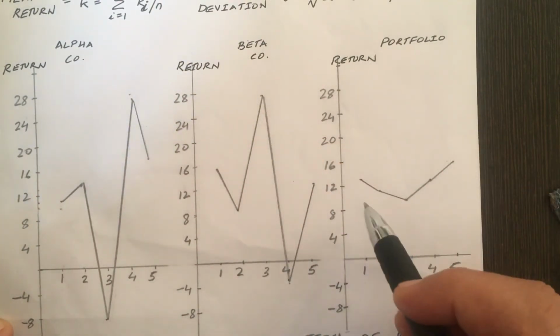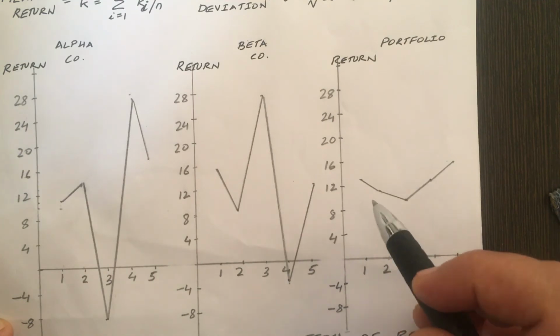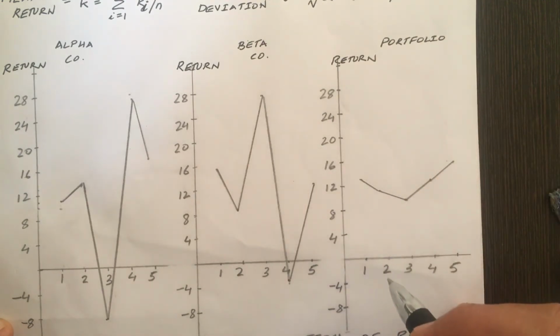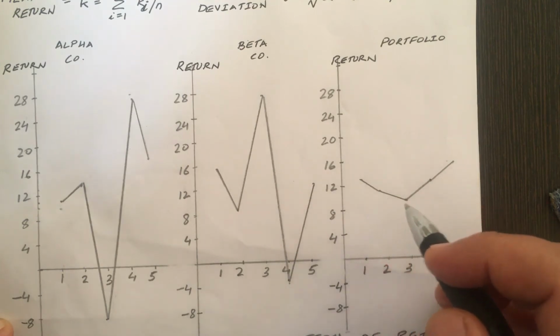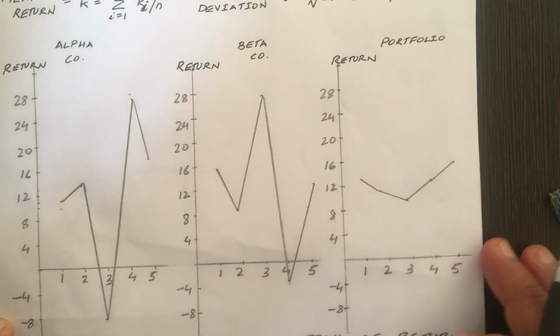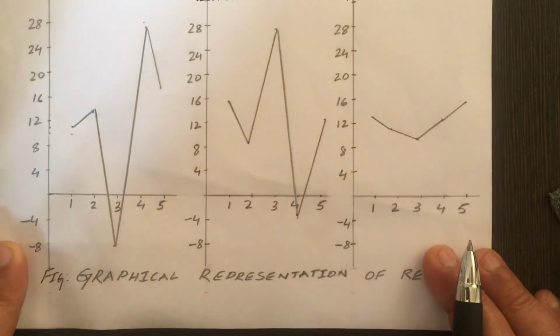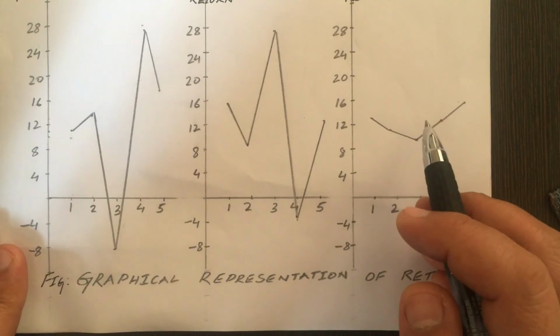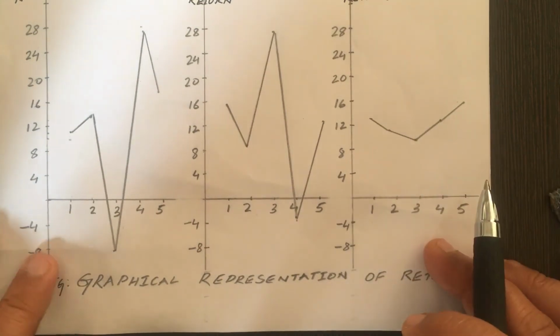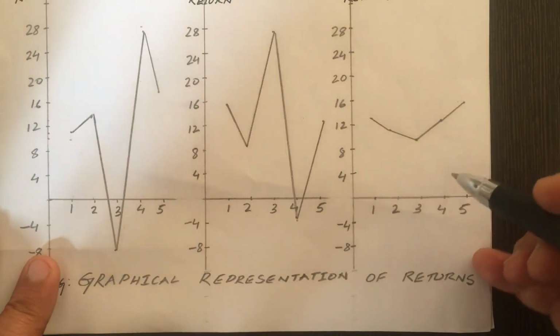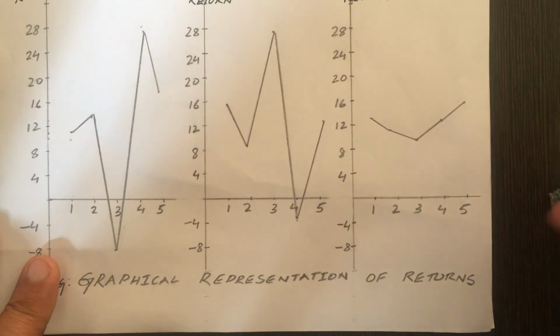But for the portfolio, you see the return is not very high, but it does not become negative. It stays positive, though it is not very high at the same time. But also remember that when you diversify, your risk gets mitigated, it reduces.